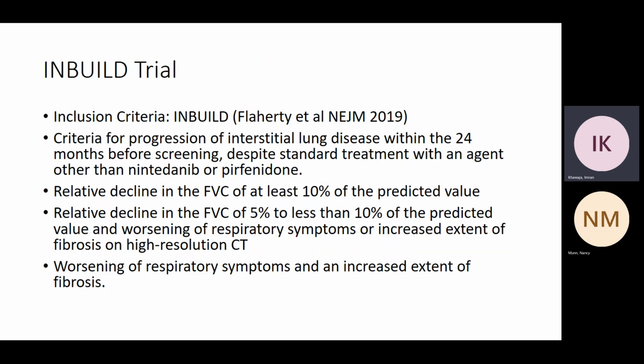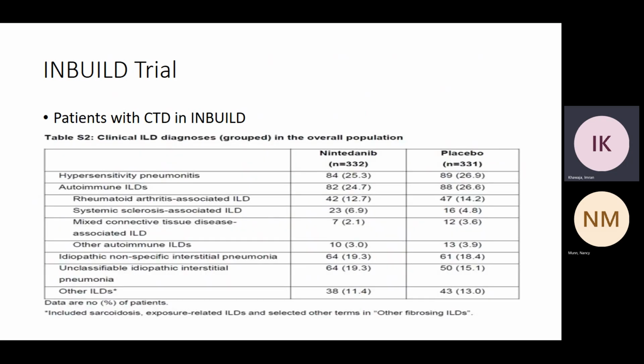For the inclusion criteria, if there was progression of the disease in the last 2 years, patients were included in the study. A relative decline in FVC of at least 10%, or even if it is less than 10%, if there are worsening respiratory symptoms or worsening HRCT findings, they were included in this study.